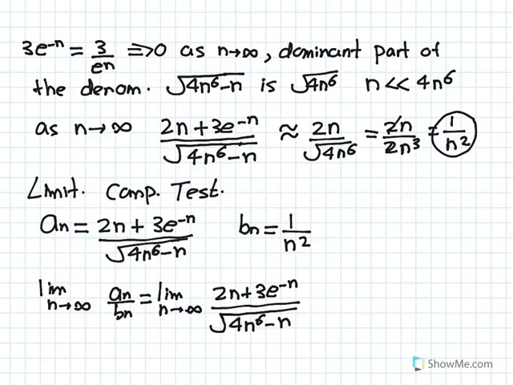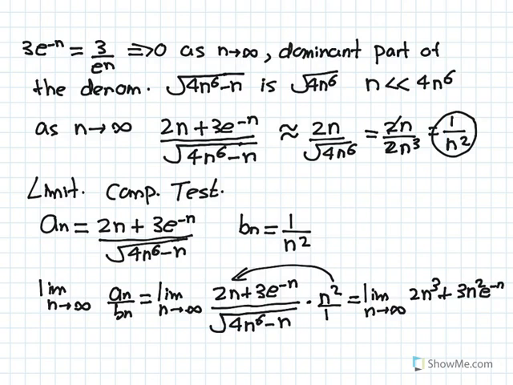So let's rewrite that times n squared over 1. Let's simplify that. We get the limit as n approaches infinity of 2n cubed, multiplying the n squared through, plus 3n squared e to the minus n, divided by the square root of 4n to the 6 minus n.